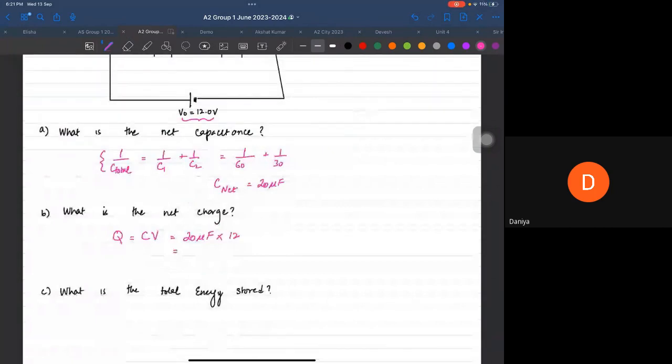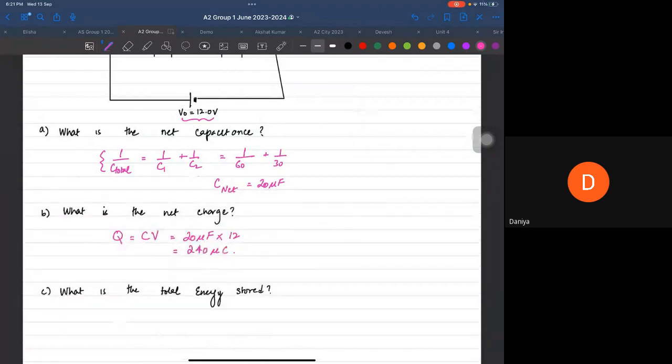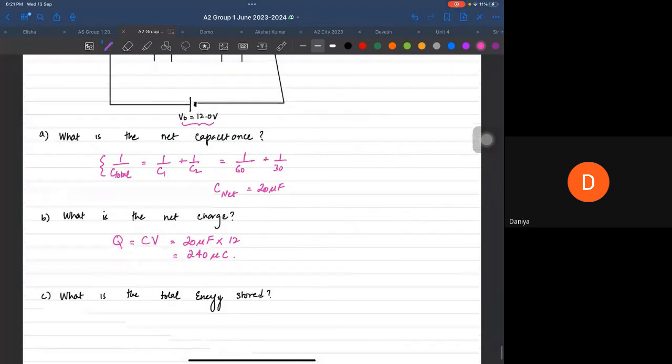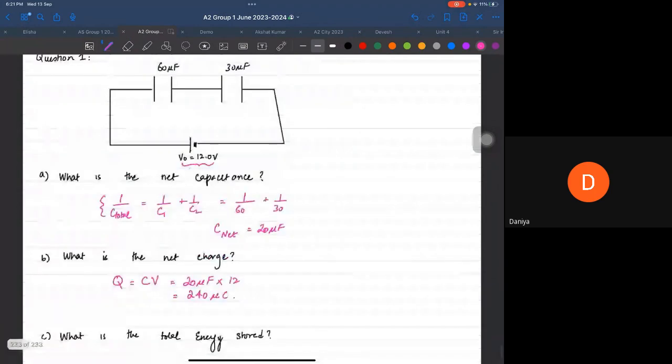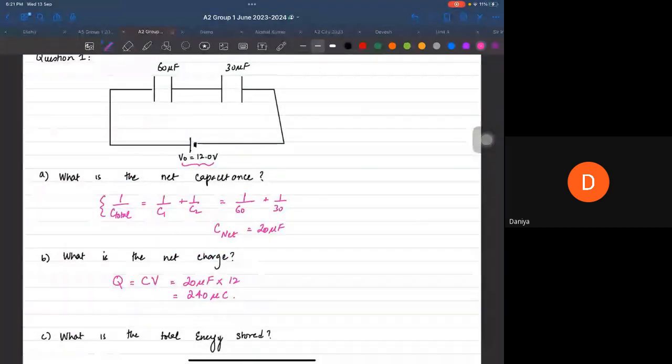It's going to give us 240 microcoulombs. If you feel any difficulty while I'm doing this, please let me know. All right, everyone, any questions there?